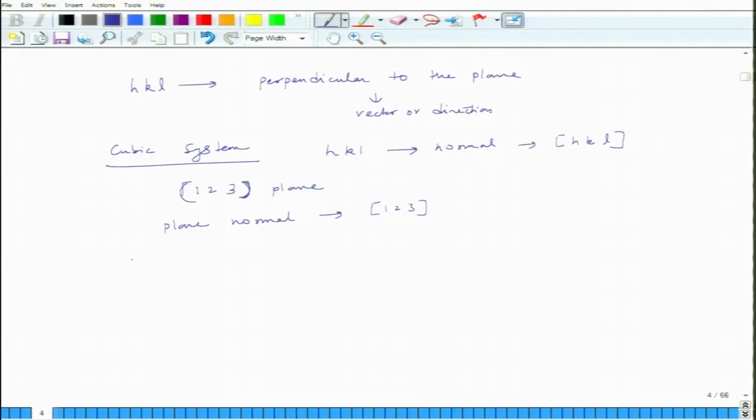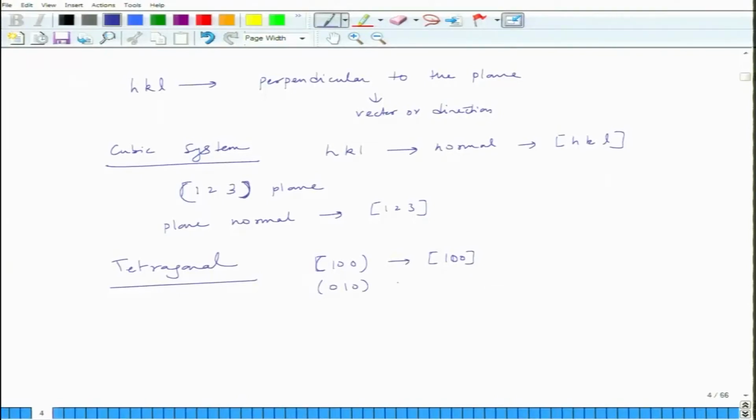For example, in case of tetragonal, you can see that 1, 0, 0 plane and 1, 0, 0 direction are perpendicular.